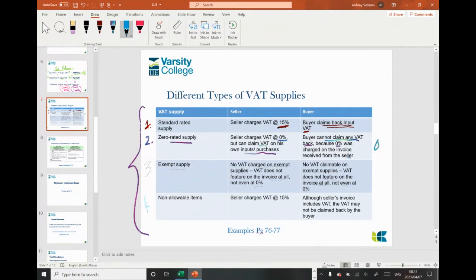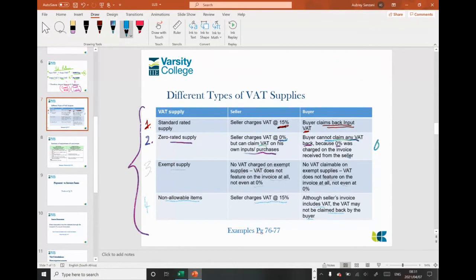Number 4, we have non-allowable items. The seller charges 15%. So here we're charging that. But what happens with the buyer? Although the seller's invoice includes that, the VAT may not be claimed back by the buyer. The VAT can't be claimed back by the buyer.